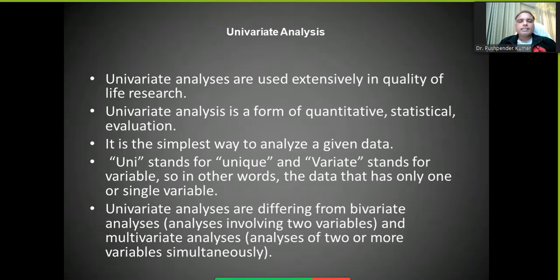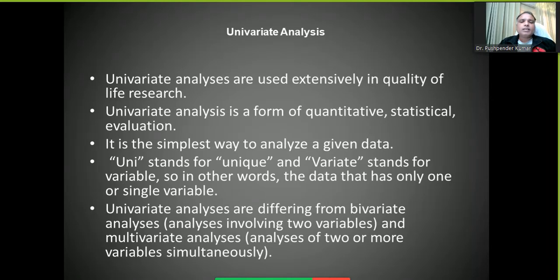Univariate analysis is different from bivariate analysis, because in bivariate we have more than one, that means two variables. So two variables here, for example, your marks on the one side and the hours you spend in study, right?